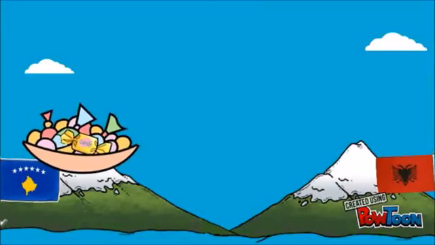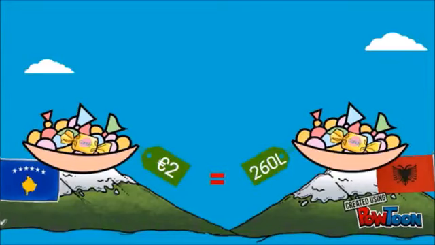Let's apply purchasing power parity to Kosovo and Albania. If 10 candies in Kosovo cost €2 and the same 10 candies in Albania cost 260 lek, then the exchange rate would be €1 equals 130 lek. Hence, no matter what currency we use, the purchasing power is the same in both countries.